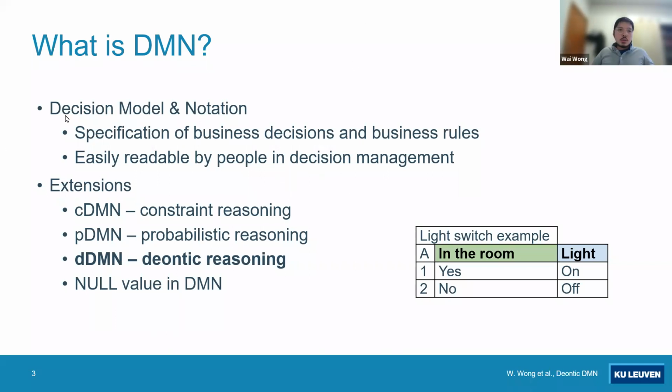In our school, we have already done a few different extensions. As Jacob introduced earlier, CDMN is an extension that deals with constraint reasoning. We also work with other extensions such as PDMN, for probabilistic reasoning.